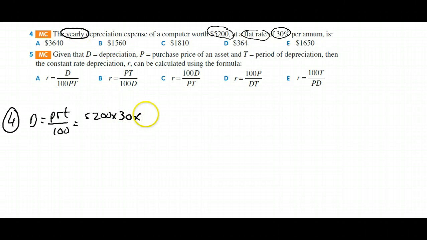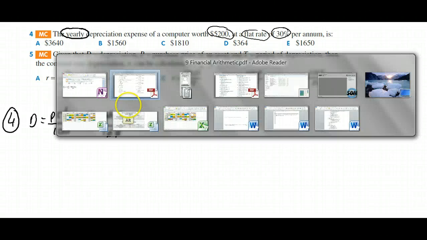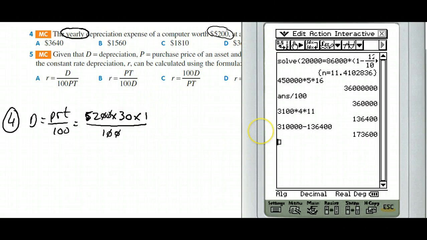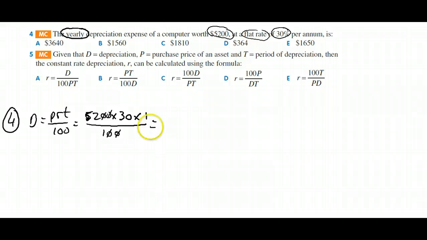It's going to be the same for every year with flat rate depreciation. So let's simplify that a little bit. Okay, so we've got 52 times 30, and that's 1560. So every year, this computer will lose $1,560 of its value, and that's answer B.